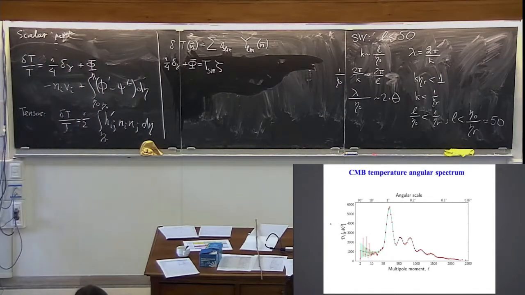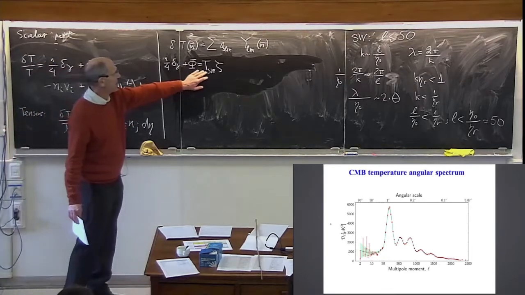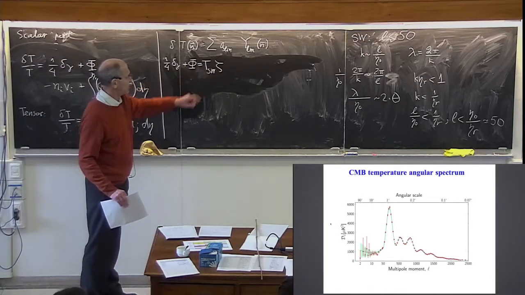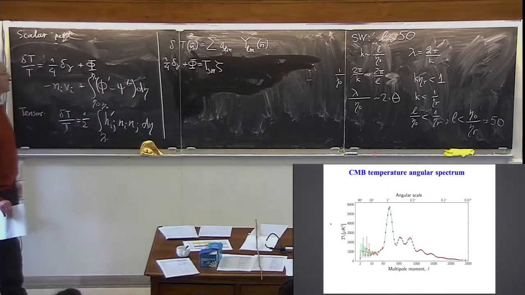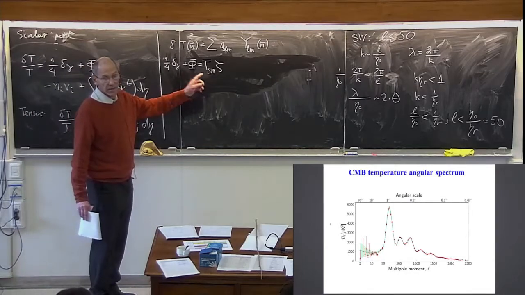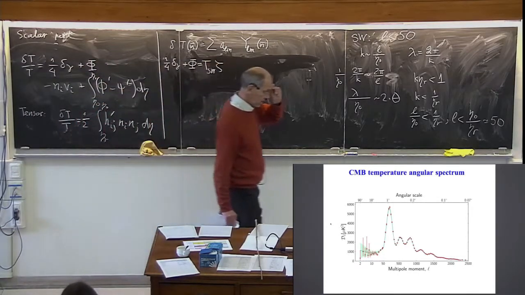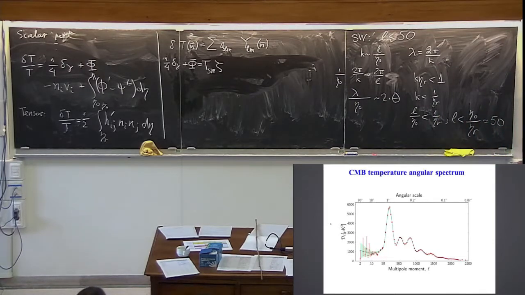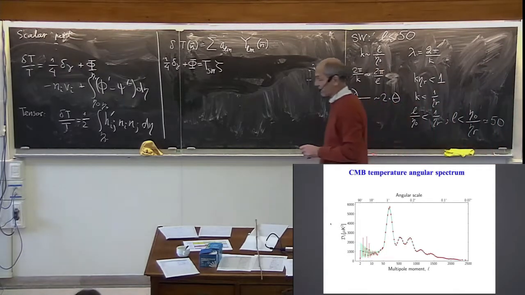And for this particular mode, this is called the Sachs-Wolfe transfer function. This transfer function is just a number. Remember, yesterday we calculated both and you can dig out this number from your notes.